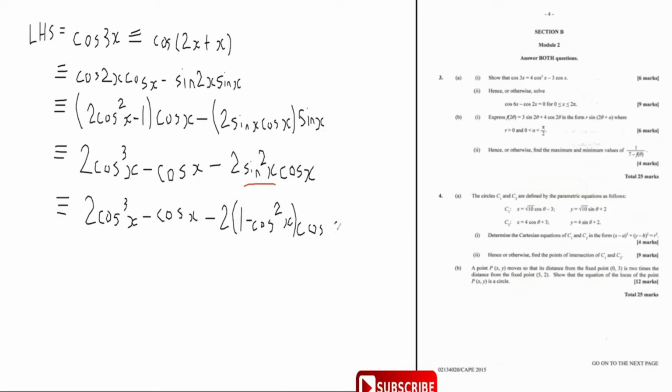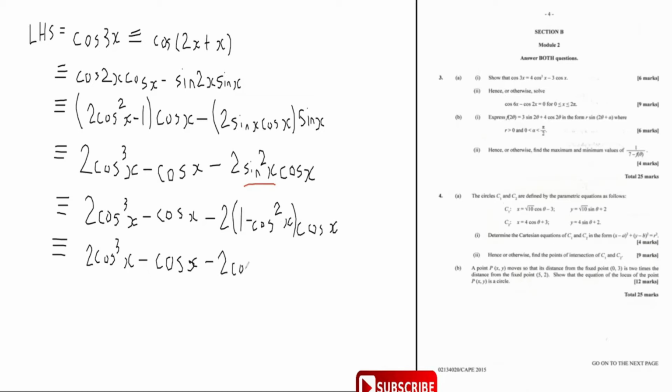So all we need to do now is expand. When we expand it, we get 2 cos cube x minus cos x. Expanding this, we have minus 2 times 1, which is minus 2, and then minus 2 times cos x, which is minus 2 cos x.